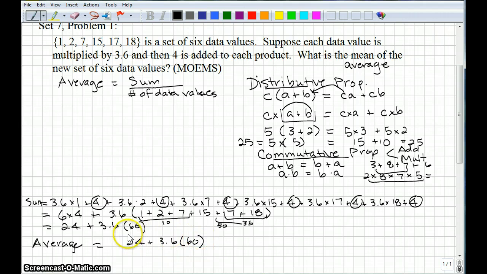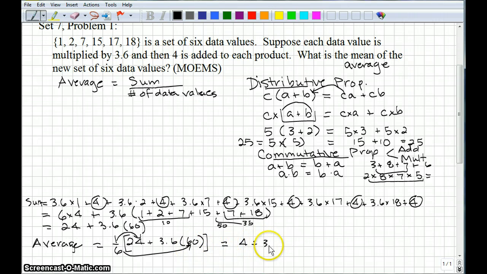Now, just to make the distributive property a little more obvious, I'm going to take 1/6 of that. Instead of putting the whole thing over 6, I'm just going to take 1/6. Same thing. And then I'll use the distributive property and take 1/6 times 24, which is just 4. And 1/6 times this, I'm going to combine it with that because that makes it easy.